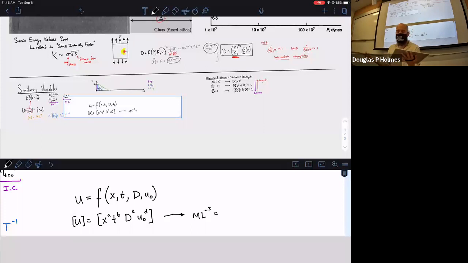We know the dimensions of all these parameters; we already figured them out. So we have length to the A, times time to the B. D we just figured out: we said D was going to be length squared per time, to the C. And initial concentration is the same: it's going to be mass per volume to the unknown quantity.